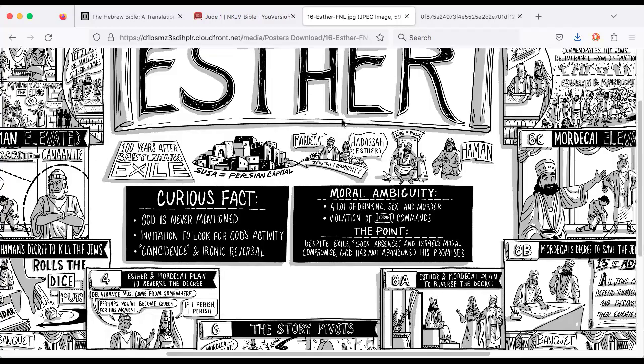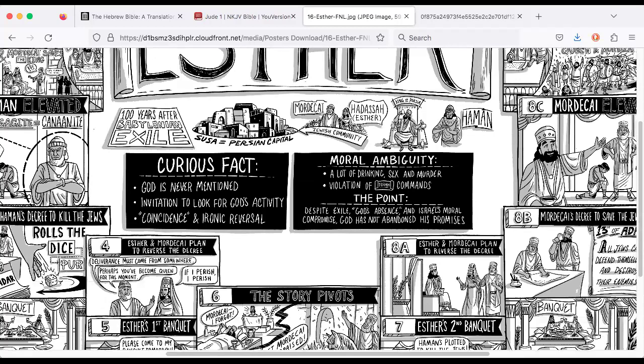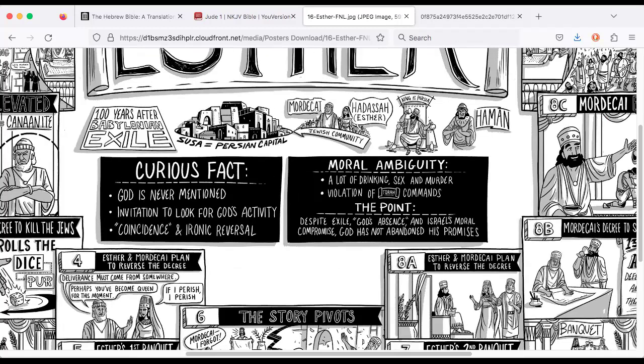But here at the introduction of Esther, I'll show you a timeline of where this takes place. If you know the Babylonian exile, when Daniel, Shadrach, Meshach, and Abednego were dragged off to Babylon, that was about 100 years before this story.